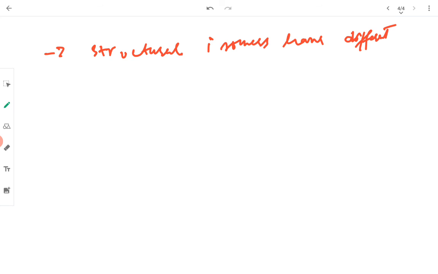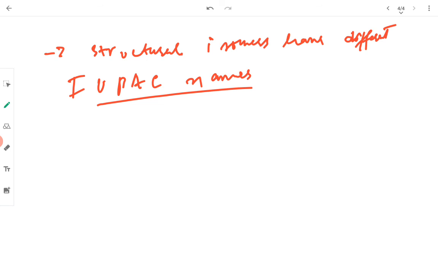Regarding these constitutional isomers or structural isomers, I would like to add that structural isomers have different IUPAC names. Their IUPAC names are different.